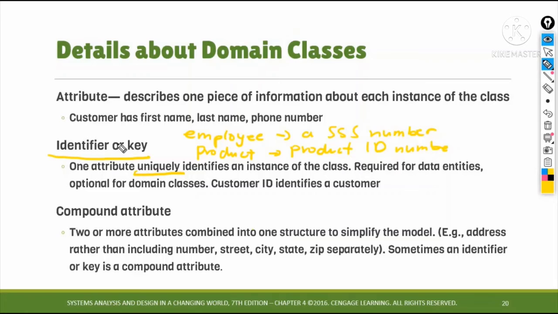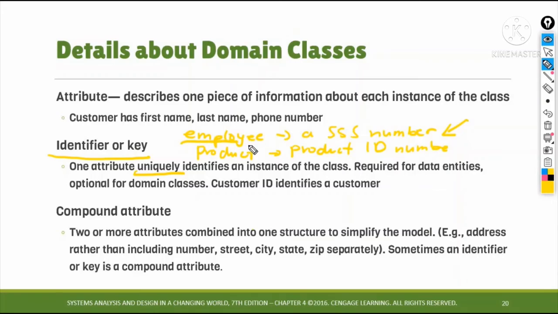So again, sometimes the identifier is already established, like the SSS number, or sometimes the system needs to assign a specific identifier, for example, a transaction number. An identifier, again, you need to remember, is unique.